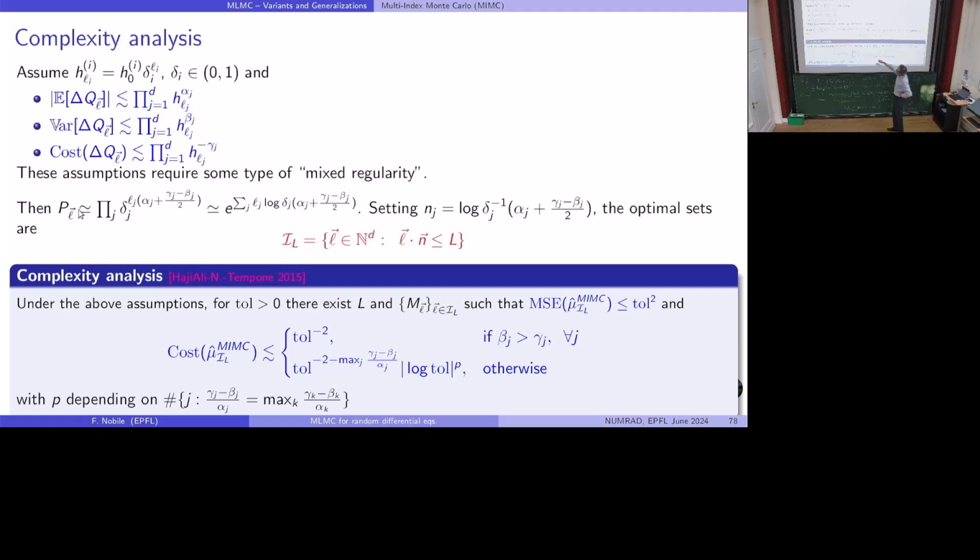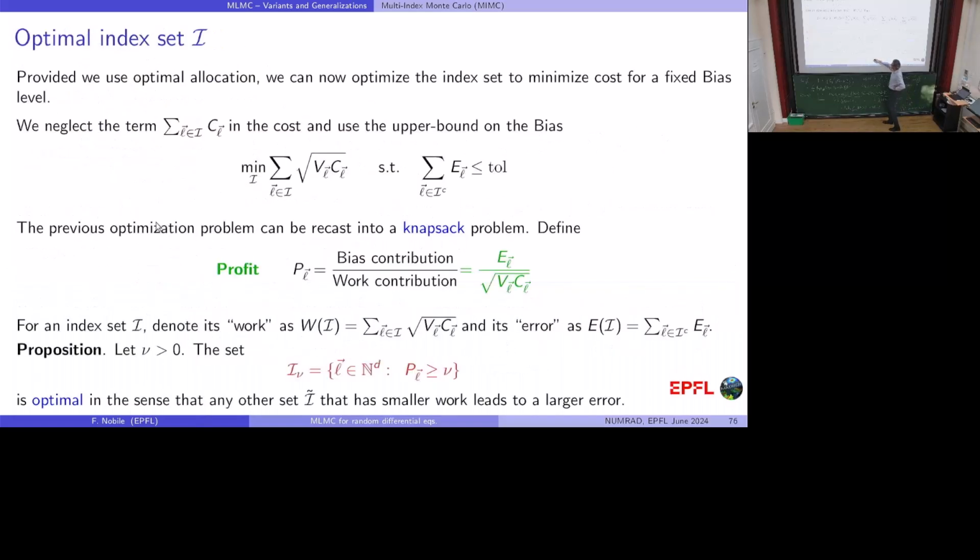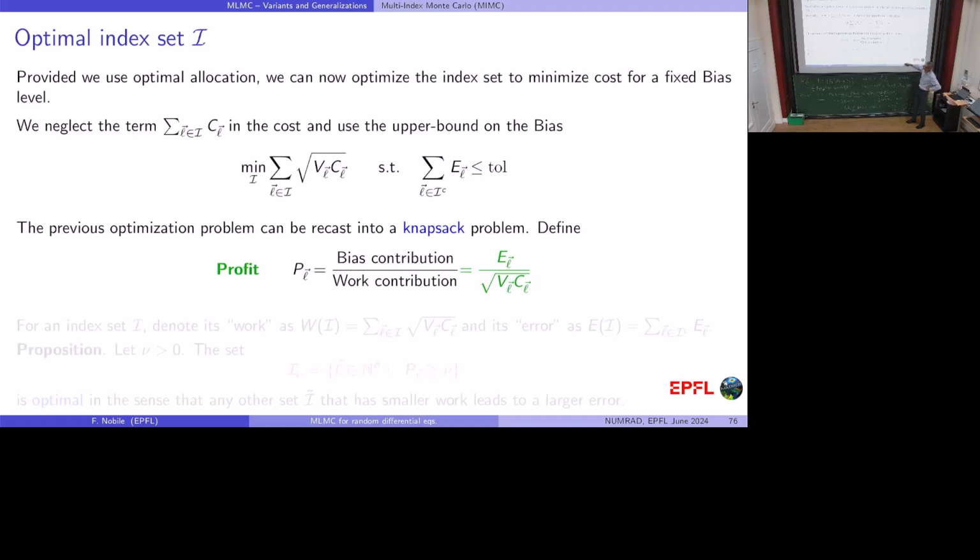Under these assumptions, you can evaluate what the profit is, and this will scale like the product of delta_j to the l_j times alpha_j plus gamma_j minus beta_j over 2, which comes from the denominator. Remember that the profit is E over the square root of LC, so E scales like h to the alpha, and the square root of LC scales like h to the beta plus gamma, minus gamma, whatever.